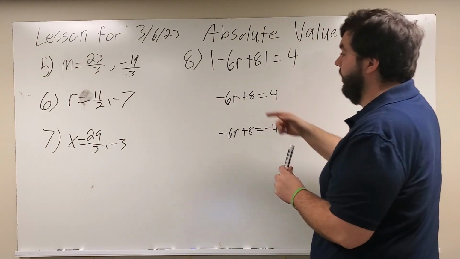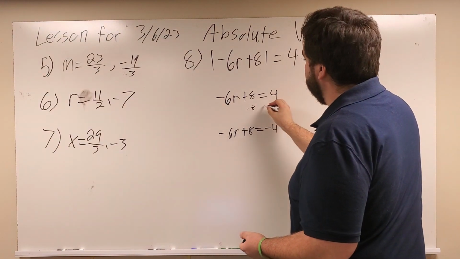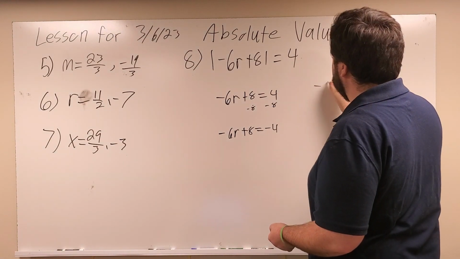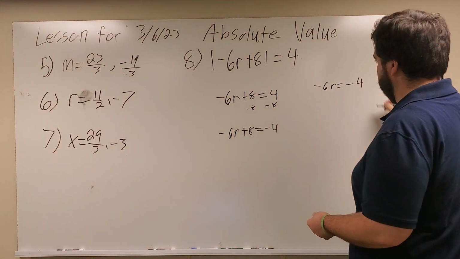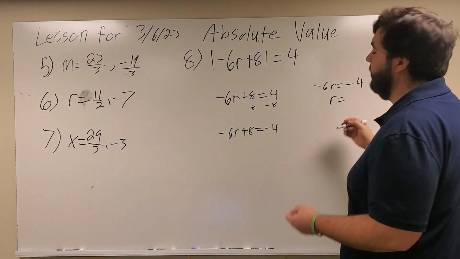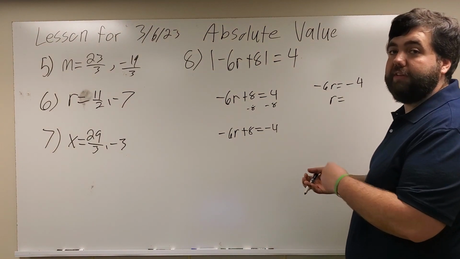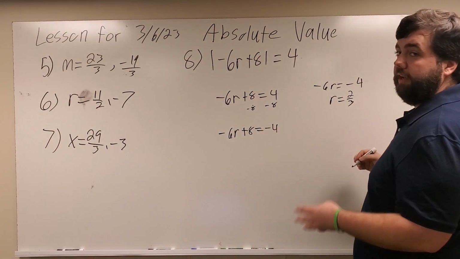Okay? So, we solve. We subtract 8 from both sides. We're going to get negative 6r is equal to negative 4. Divide both sides by 6. You get r equals negative divided by negative is a positive. So we're going to get 2/3. Alright, I just reduced right there.